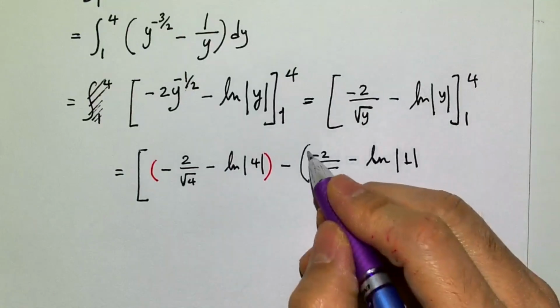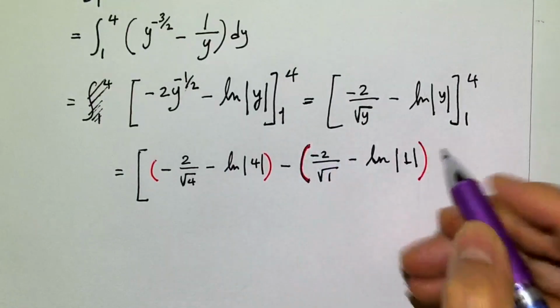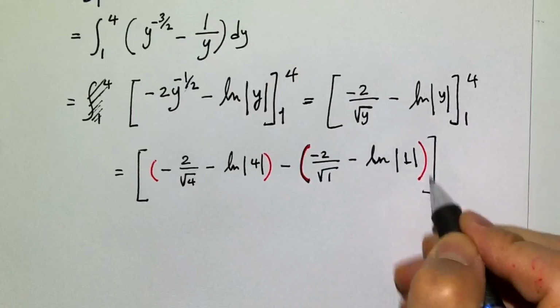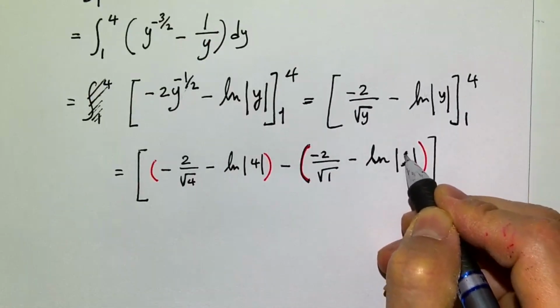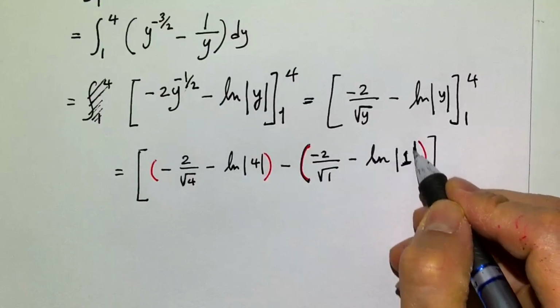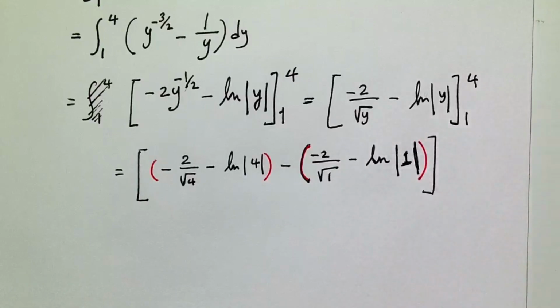So I should have used my red ink here. So this is just 1. Okay, and that's the absolute value like that.